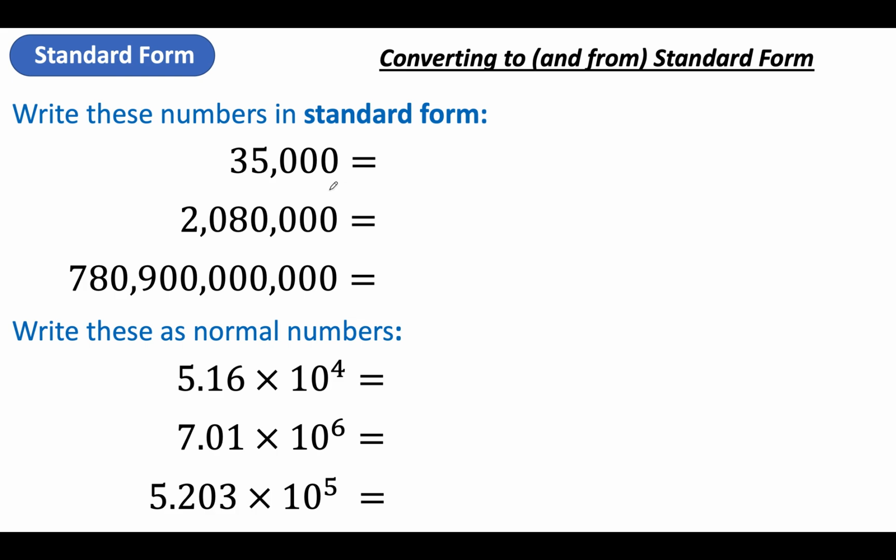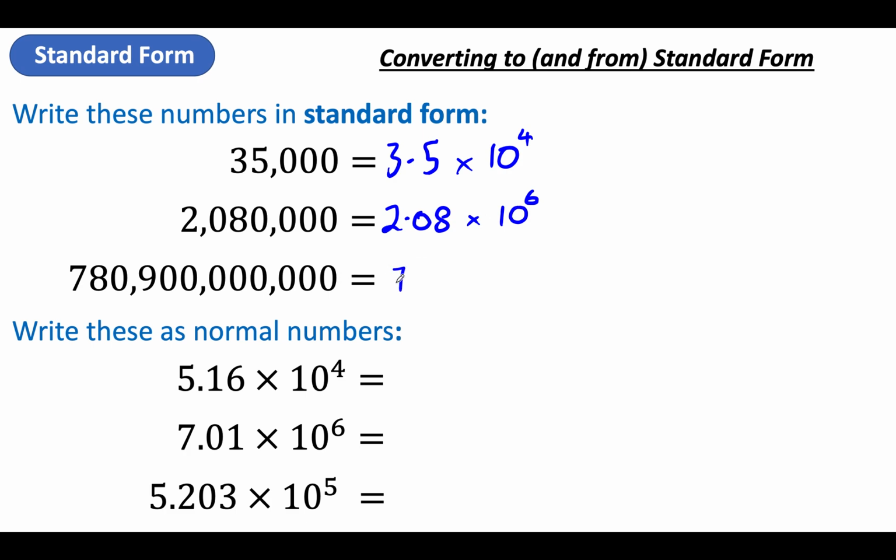Okay, we've unpaused. In standard form then, this would be 3.5 times 10 to the power of, well, it shifts 1, 2, 3, 4 places, so it's 10 to the power of 4. This would be 2.08 times 10 to the power of 1, 2, 3, 4, 5, 6.